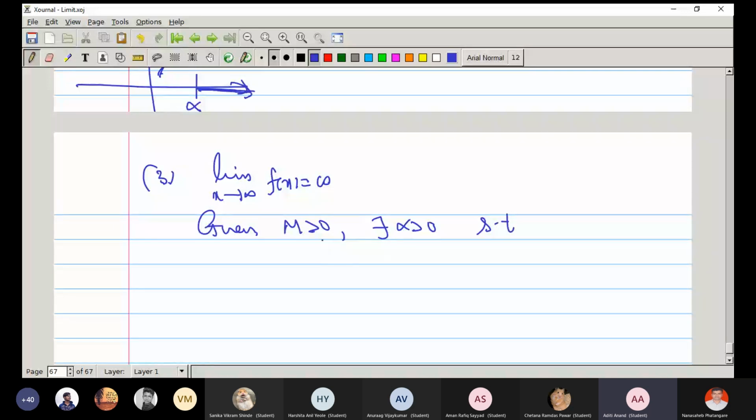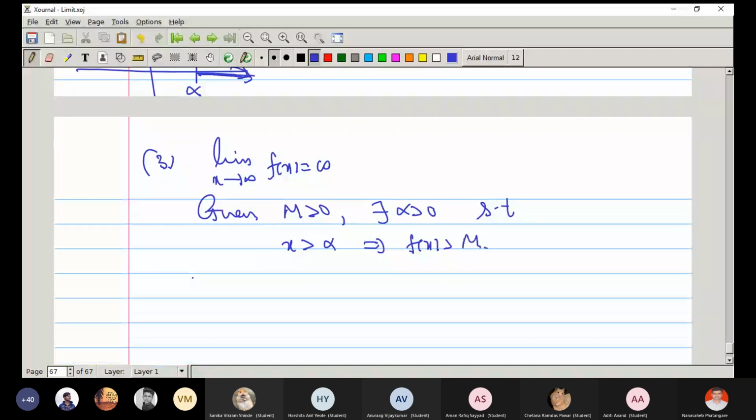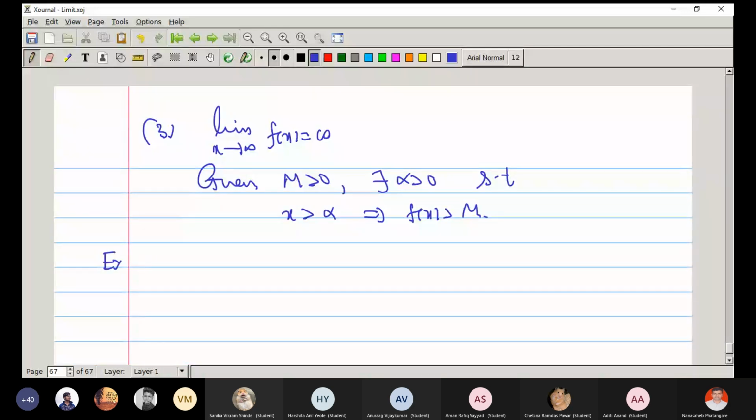Very good. So given any larger number m, because the function is going towards infinity, whatever larger number you give, I will give you some larger number alpha such that x greater than alpha implies f of x is greater than m. Fine.